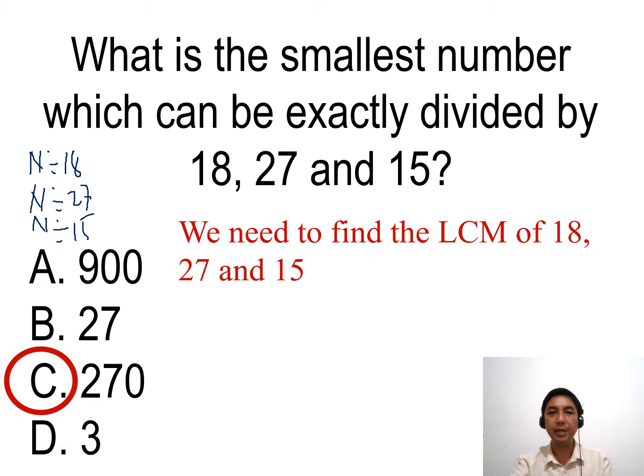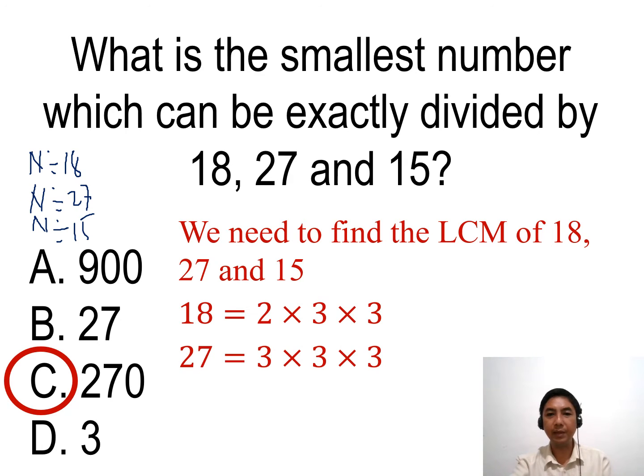The prime factorization can be used here. 18 is equivalent to 2 times 3 times 3. 27 equals 3 times 3 times 3. 15 is 3 times 5. Then we get the common factors.